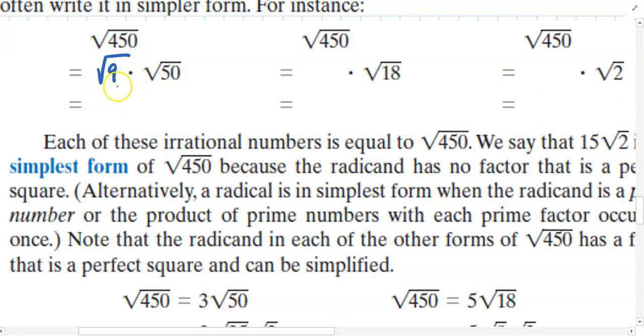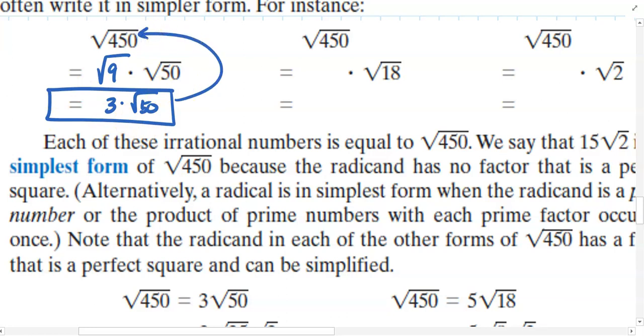Now, this is particularly helpful because do you recognize what the square root of 9 is? Well, that's just the number 3. 3 times the square root of 50 is another way to represent the square root of 450.